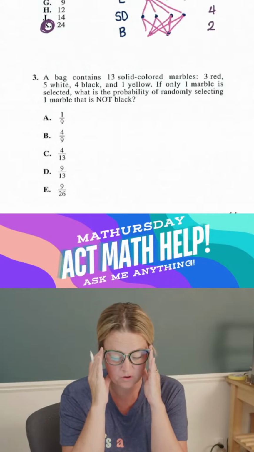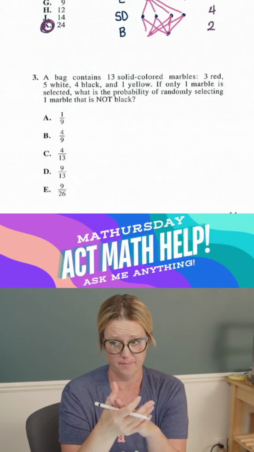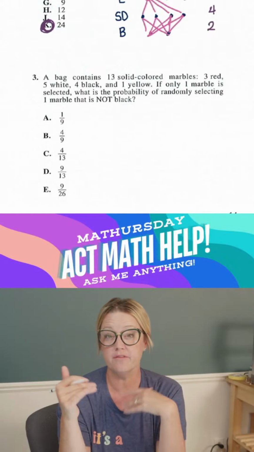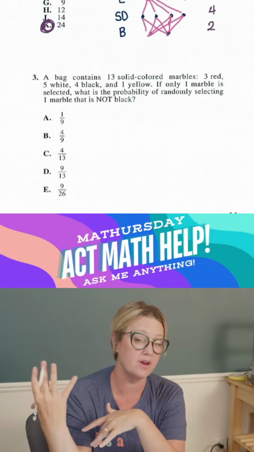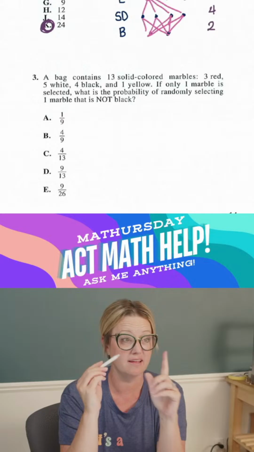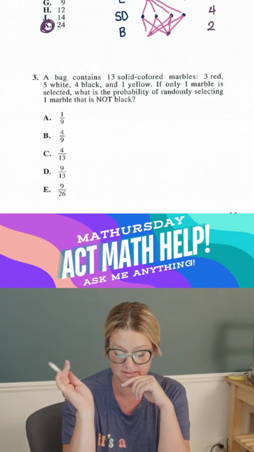Most of the questions you come across on the ACT and SAT are algebra 1 and geometry or lower. Every once in a while, there are some questions that go into pre-calc or algebra 2. But the last question and this question that we did are both just basic probability things.